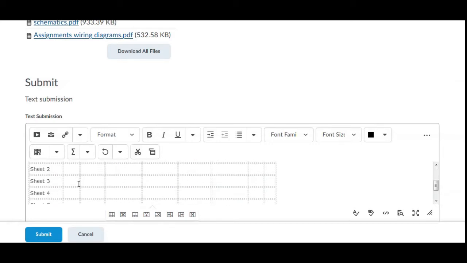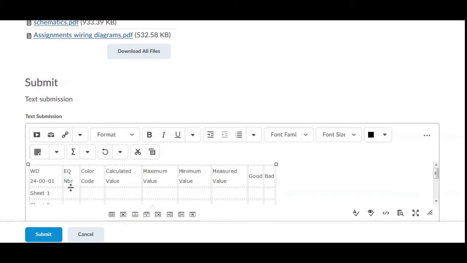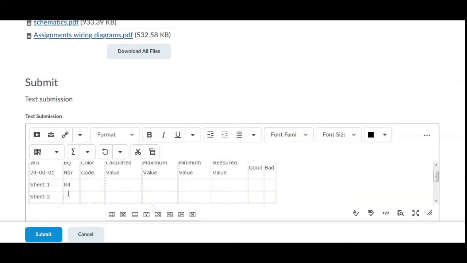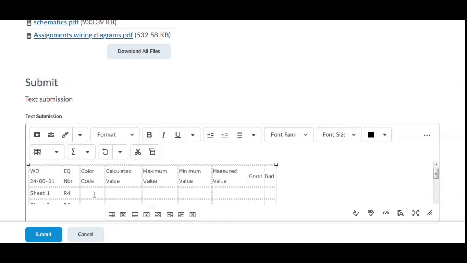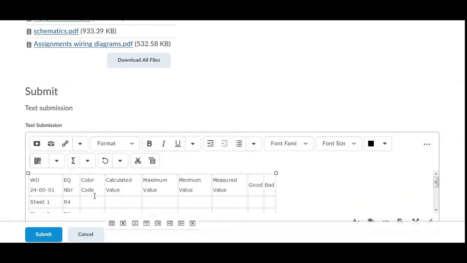Then the equipment numbers, and I believe those are R4, R6 if I remember correctly, R8, R10, R12, and I believe R14 was the last one. Then of course you will go to the equipment list and look up the color codes for those different resistors.